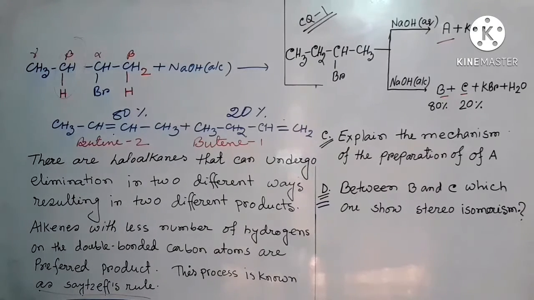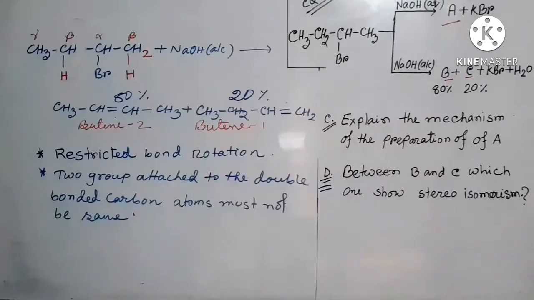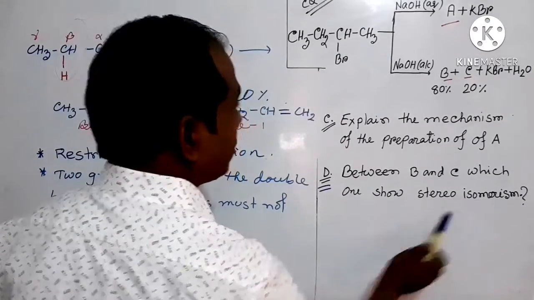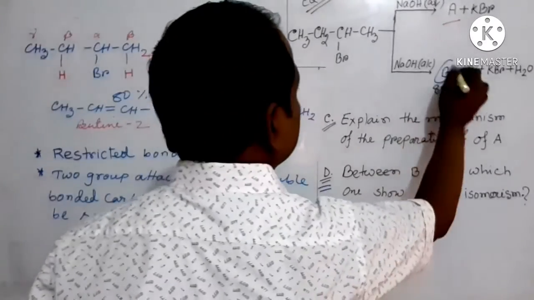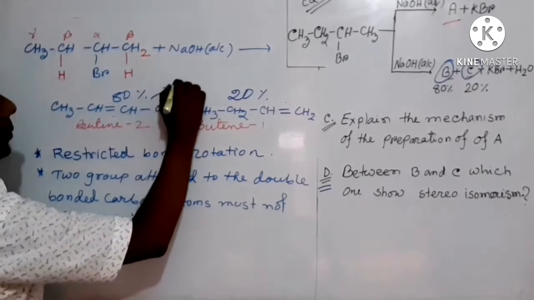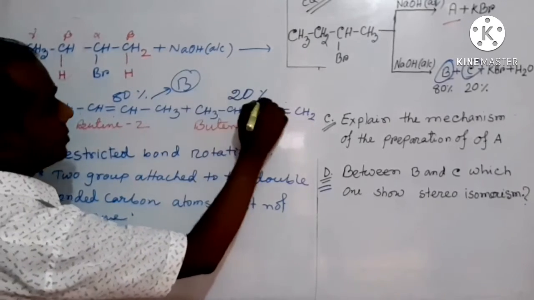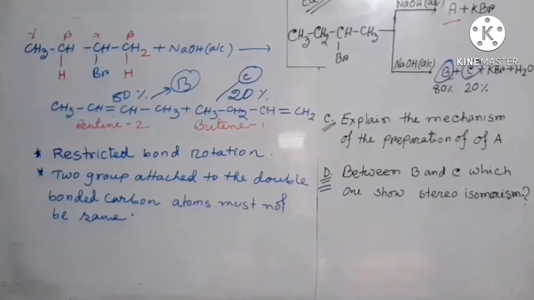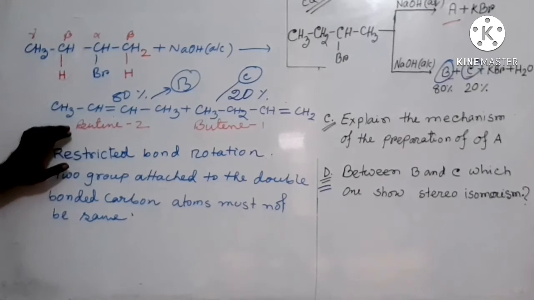Now we discuss the isomerism of these two products. Students, the question is, between B and C, which shows stereoisomerism? According to Saytzeff rule, this is the B compound and this is the C compound.